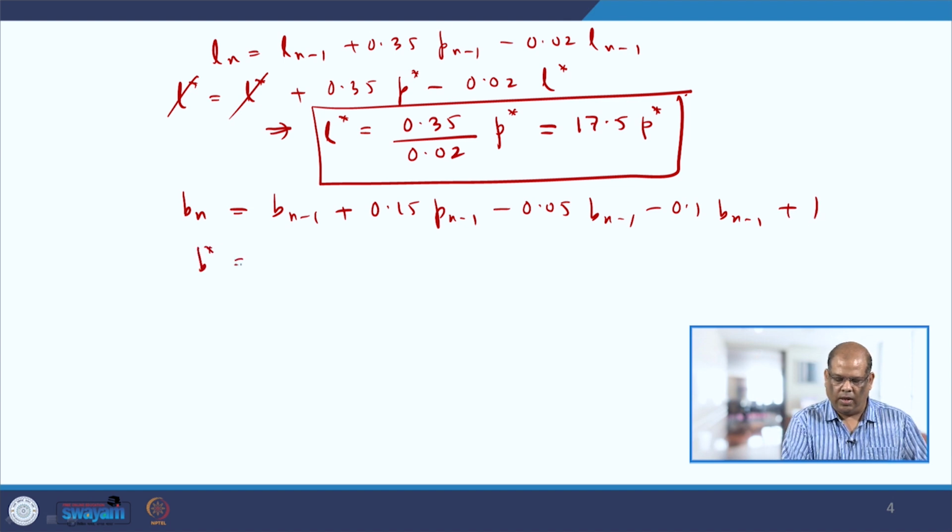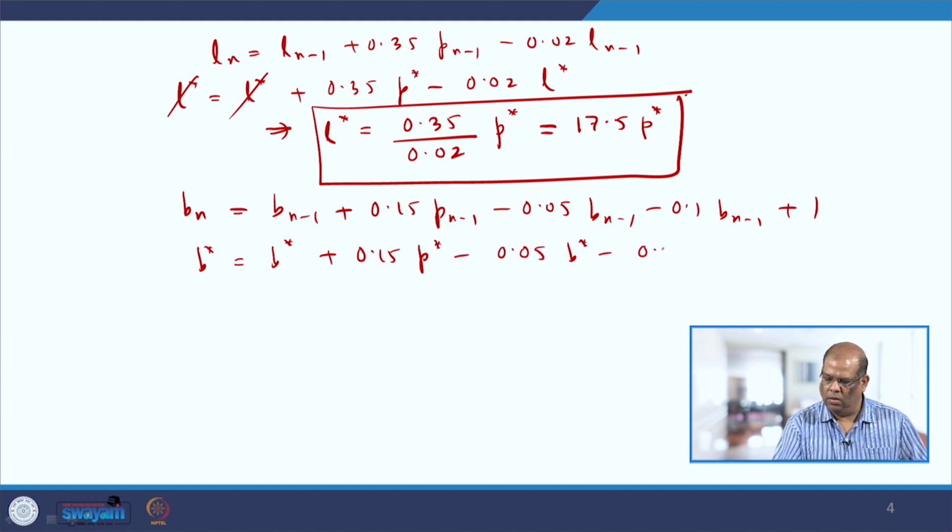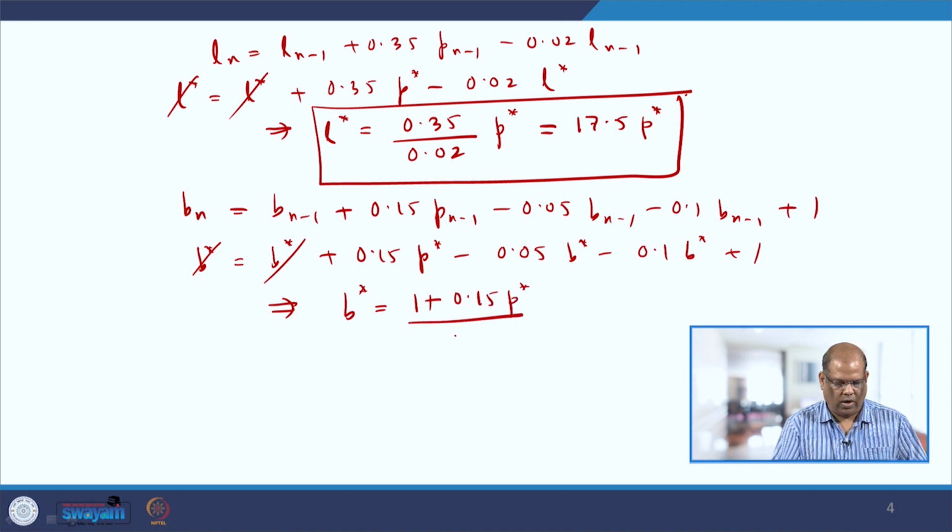So this is replaced by B star, P star, this and this cancels, and I will get, after simplification, B star is equal to 1 plus 0.15 P star divided by 0.15.